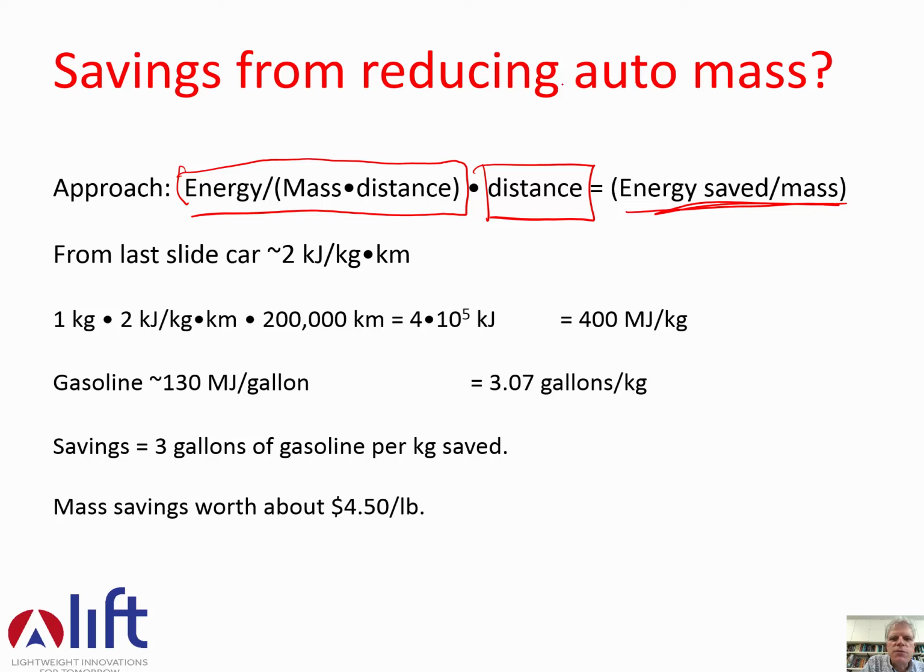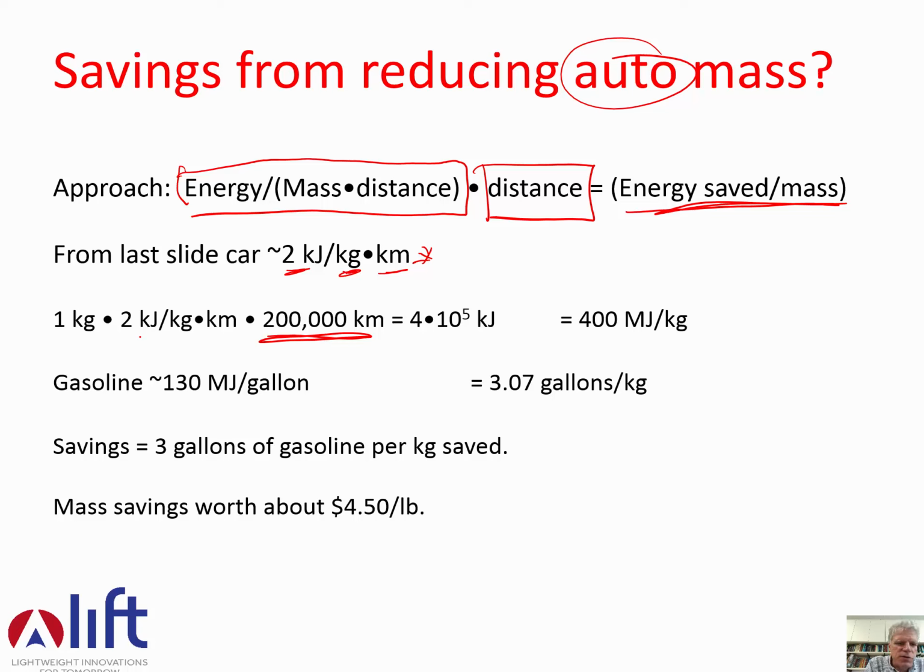So we're going to do this first for an automobile. Before, I said we have this unit that costs you about 2 kilojoules to send an extra kilogram an extra kilometer. I can take that number and multiply it by the life expectancy of a car, which I have here as about 200,000 kilometers, about 130,000 miles. That's about the number of miles I've got on my Subaru right now.